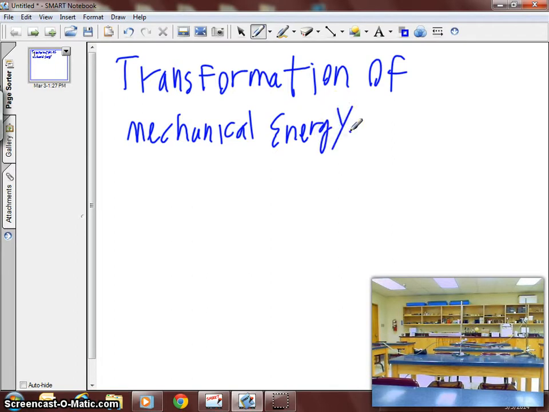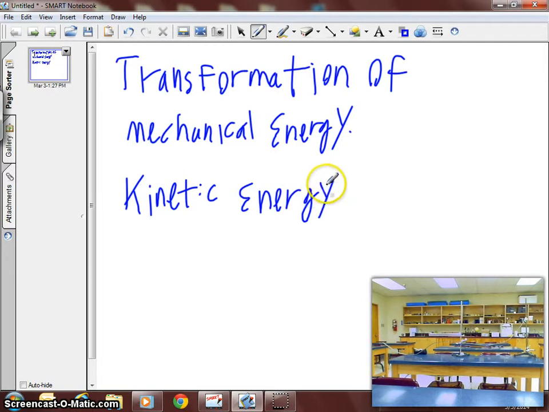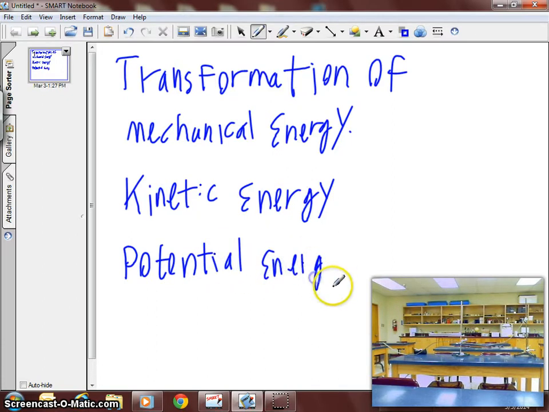We will focus our attention on kinetic energy and potential energy. And we will specifically look at gravitational potential energy.